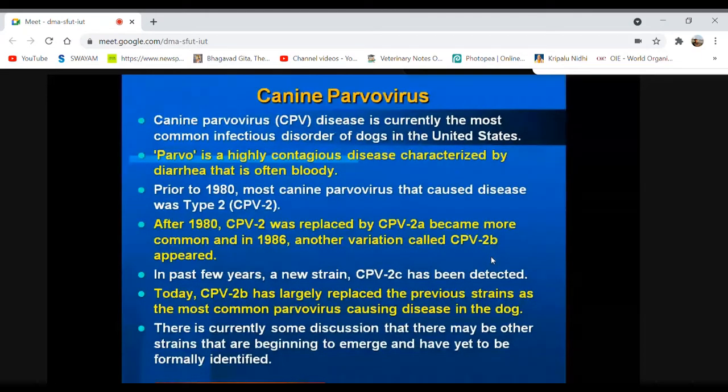And if it is the very severe form, then it will be bloody in nature. Bloody diarrhea as well as bloody vomition. Okay, that is the very severe form. Or, if it is not that much, the blood is not there, but the diarrhea and vomition will be very much severe.